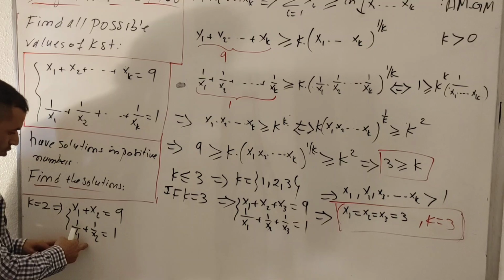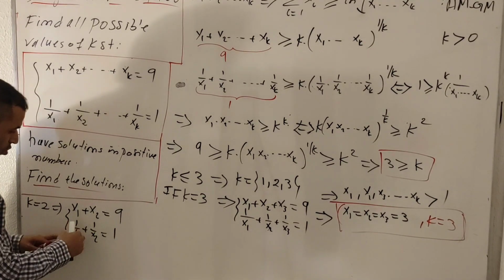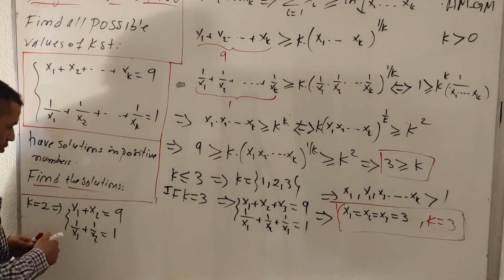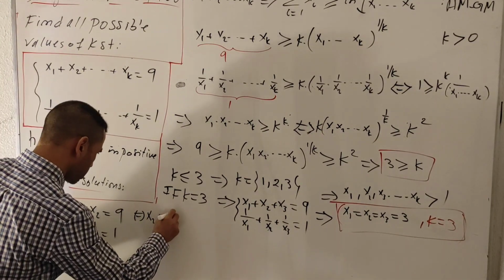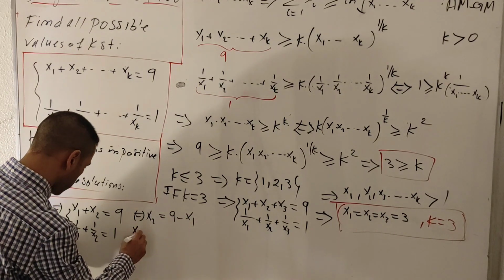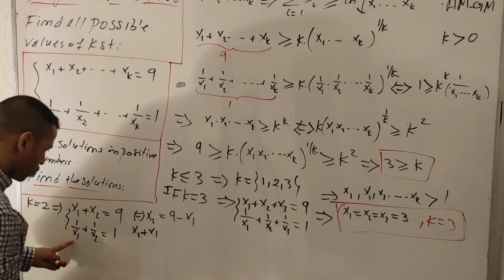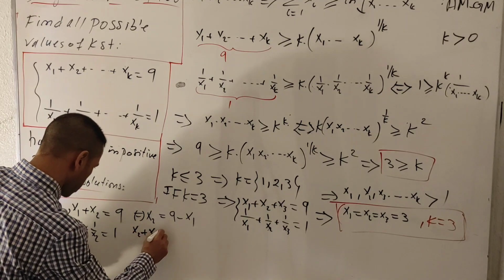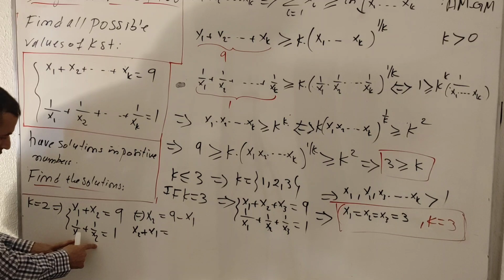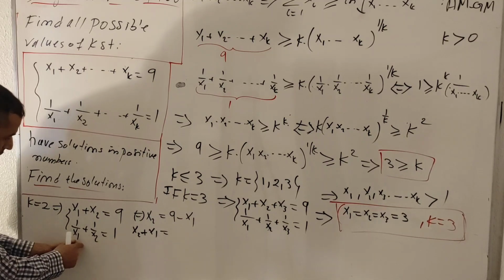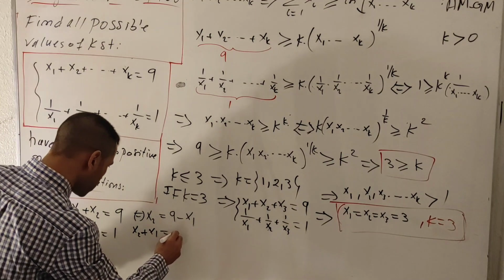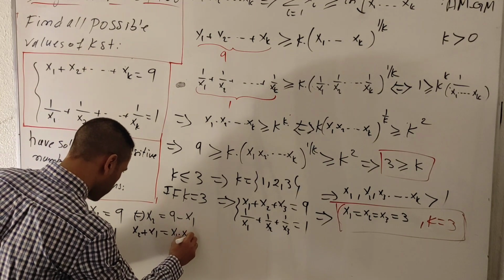I'm going to find x2 and insert it into the second equation by moving x1 to the other side. So I will get x2 equals 9 minus x1. When I multiply side by side, I will get x2 plus x1 in the numerator, and the product x1 x2 in the denominator. By multiplying side by side by x1 x2, x1 plus x2 is giving us the product of x1 multiplied by x2.